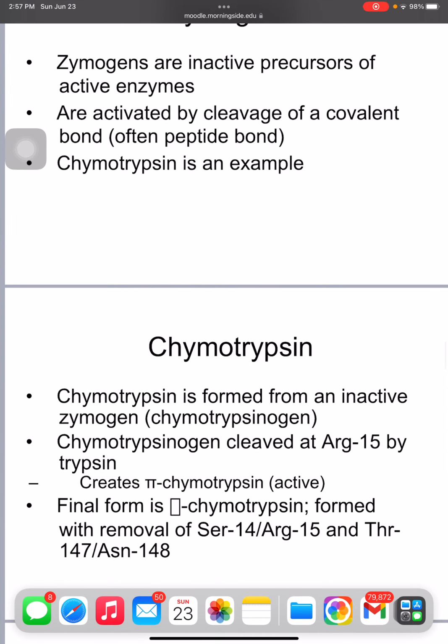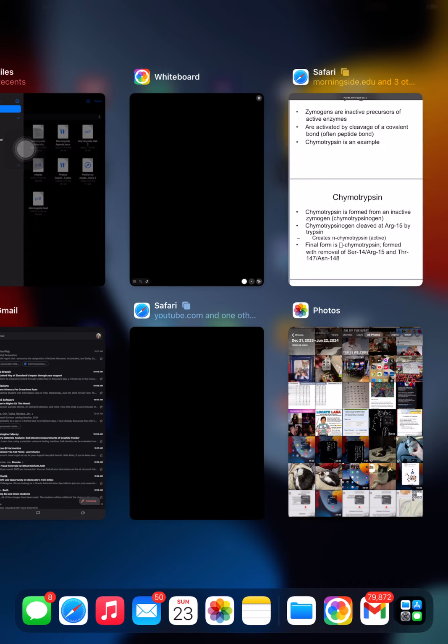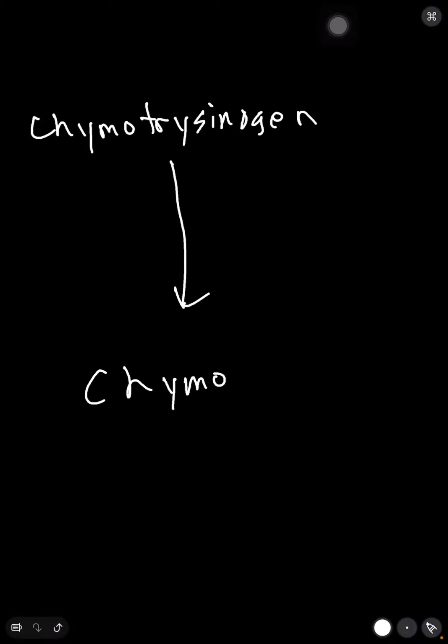I'm just going to start writing some of this down. So we have chymotrypsinogen. It gets converted into chymotrypsin.